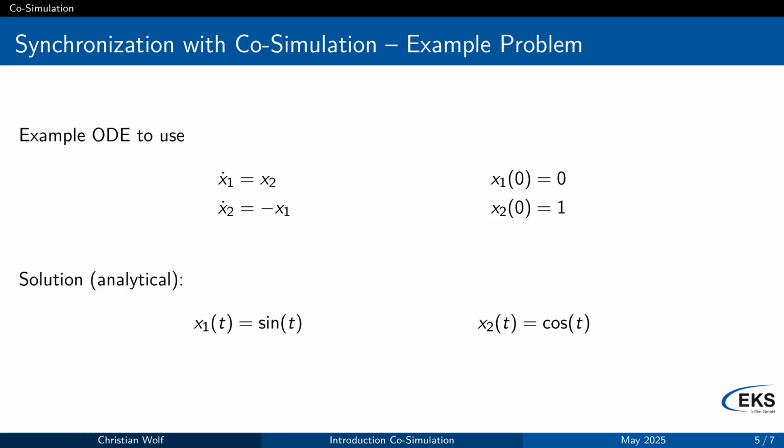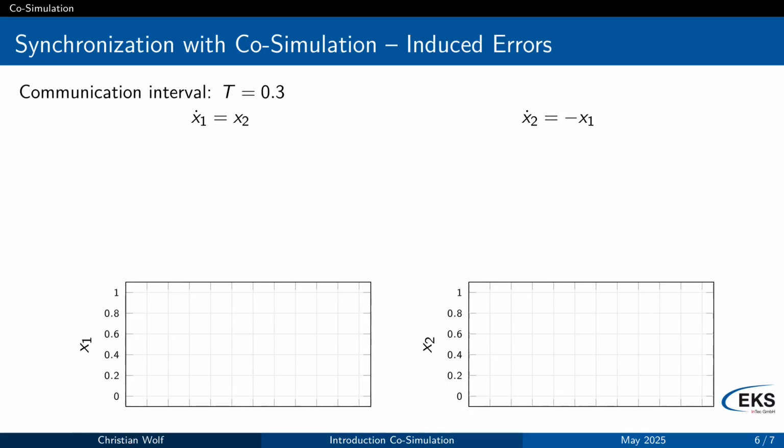And now let's look at this in the context of co-simulation. What we want to do is some co-simulation. We want to do a communication interval at 0.3, which is just arbitrarily chosen.